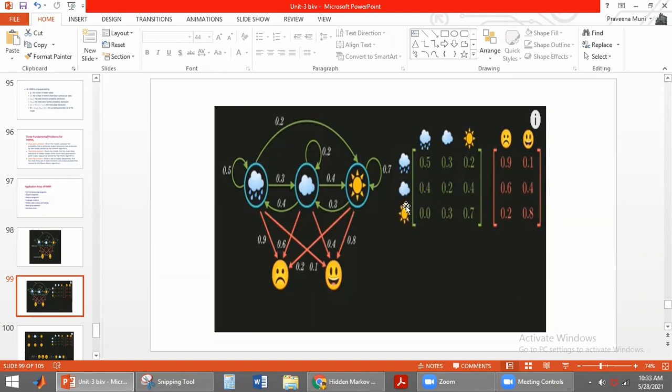When it is sunny, the probability that the person is sad is 0.2. Similarly, the probability that the person is happy for these weather conditions is 0.1, 0.4, 0.8. So the first matrix is called the transition matrix, and the second matrix is called the emission matrix.